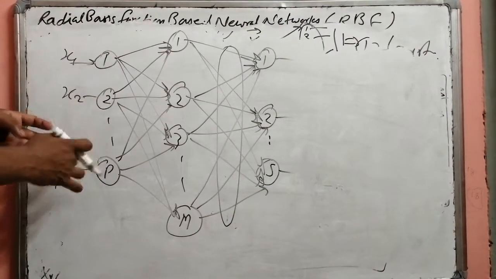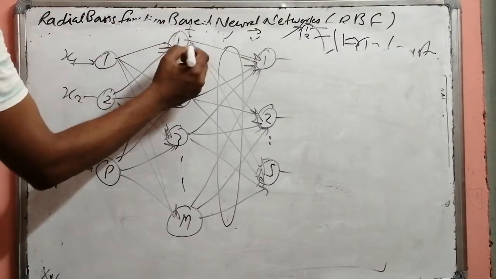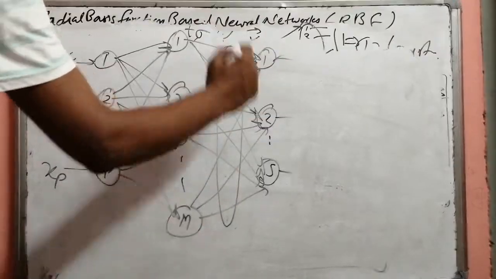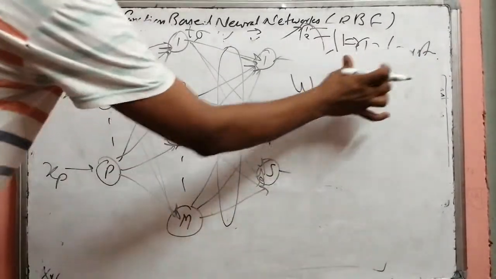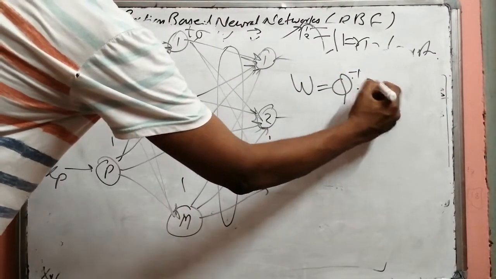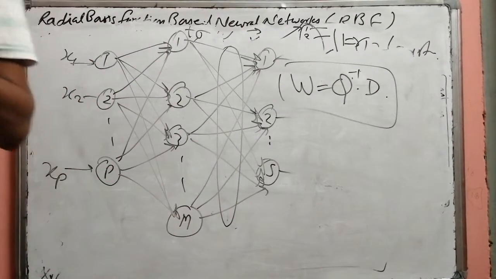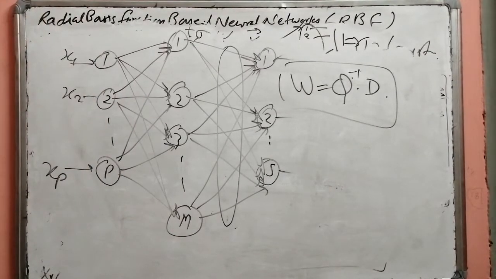For the input to the hidden layer, or radial basis function matching, we found two terms: one was the receptor, and one was sigma. For the weights we make use of the inverse of phi multiplied by the matrix D. Just by using these two layers, we can efficiently map p-dimensional feature vectors to m-dimensional feature vectors, and there are higher chances of separating them linearly and having a better classifier, better in accuracy.